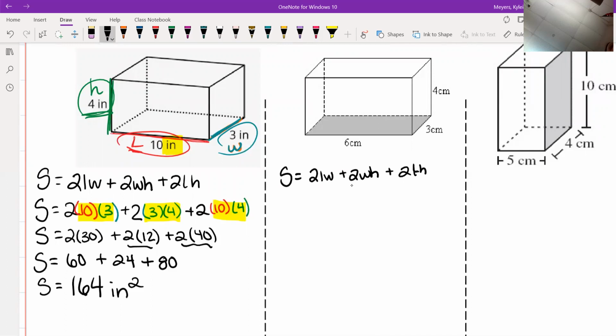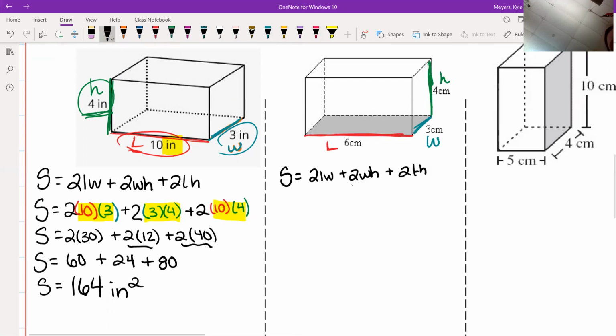And I'll have it up on the board as you guys are working through things. Once you write down the formula, we need to start plugging things in. But before we do that, we have to label. So remember, this bottom piece is your length. How wide the box is, is your width, and how tall the box is, is your height.